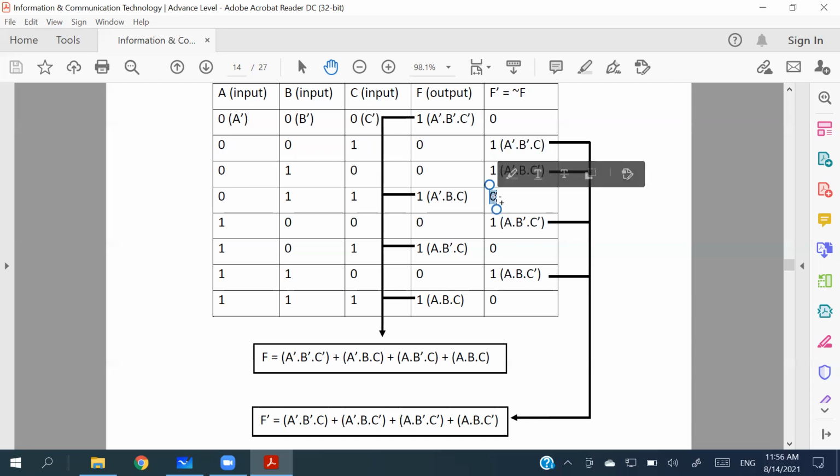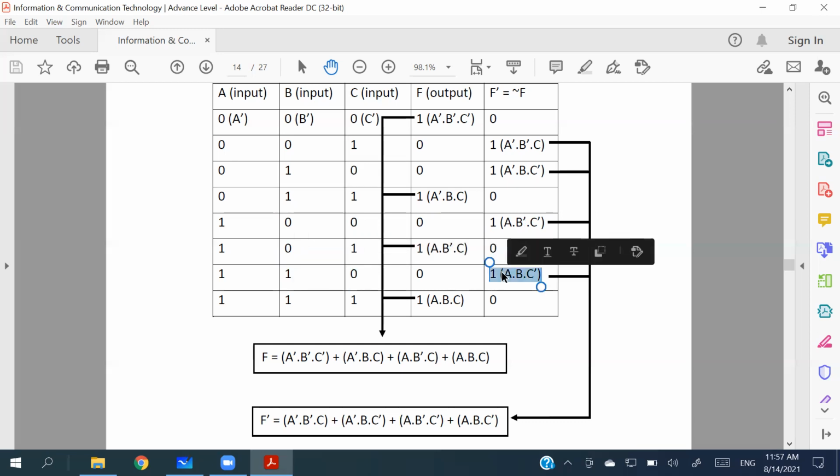And this 0 is not considered, and this 1 will be considered. So it has 1, 0, 0, right? So that means A, B bar, C bar. So we can say A dot B bar dot C bar. And this 0 is not considered, but this 1 will be considered. So it has 1, 1, 0.